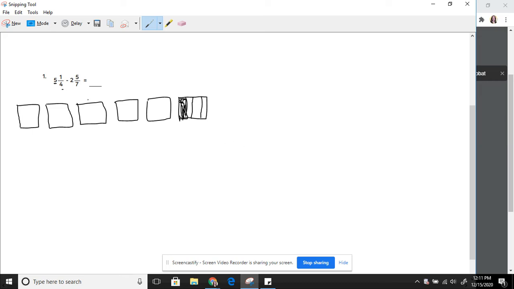Okay. All right. So now what we're going to do, boys and girls, is look at our second mixed number, 2 5/7. We're going to take this mixed number away from our fraction model. I'm going to start by looking at our whole number, 2 wholes, so I'm going to start by taking away 2 wholes. Okay, so there's our 2 wholes.